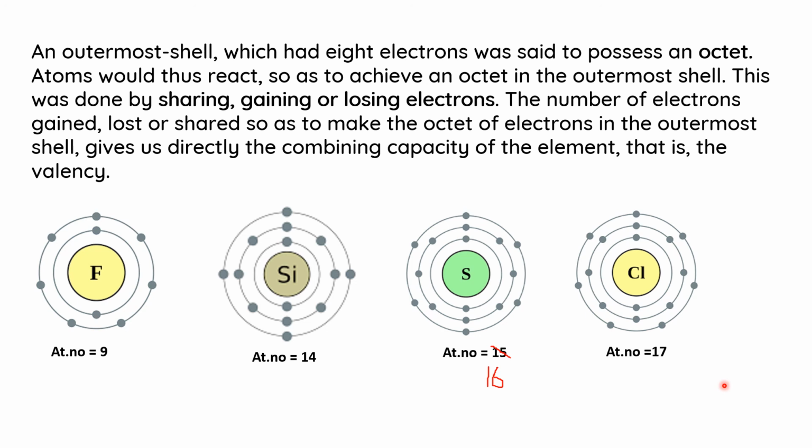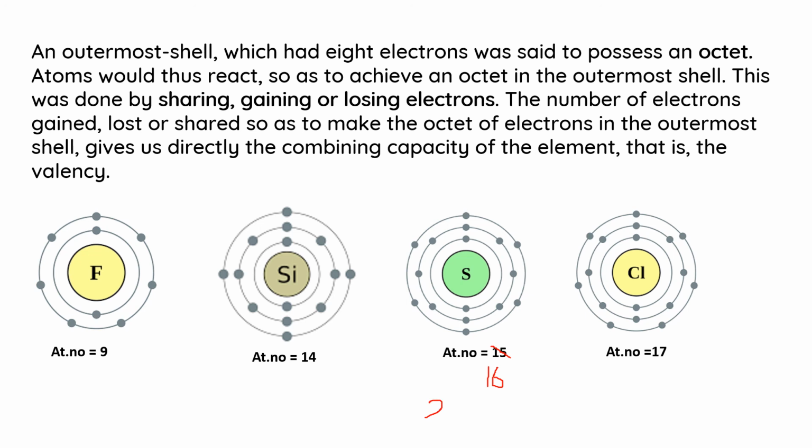Okay, children. So for studying this, you have to write this and study by drawing these atomic structures, and the electronic configuration also. Electronic configuration means, see, for example, what is the electronic configuration of sulfur? I will just show it to you.